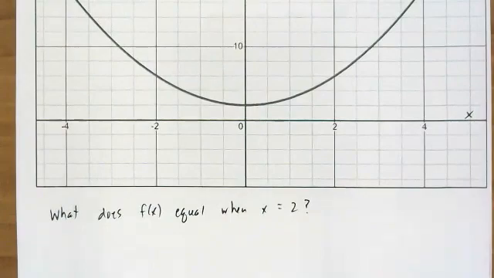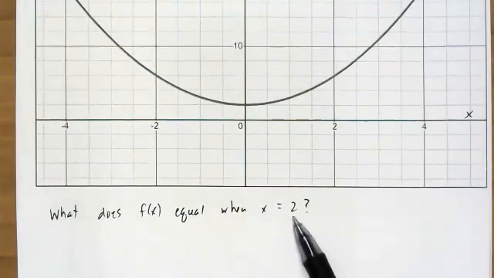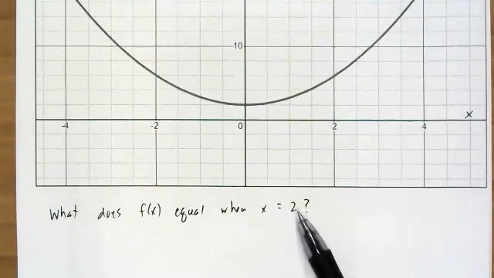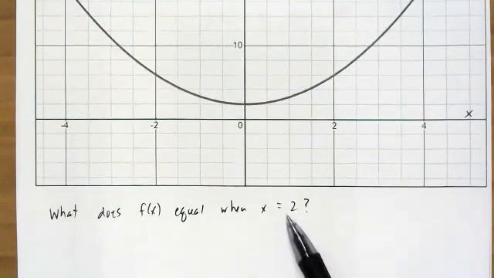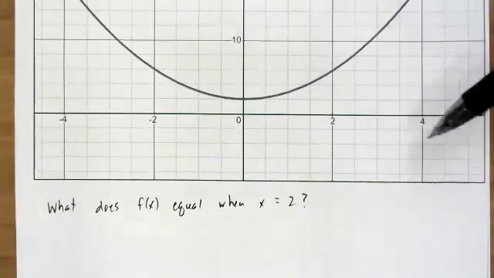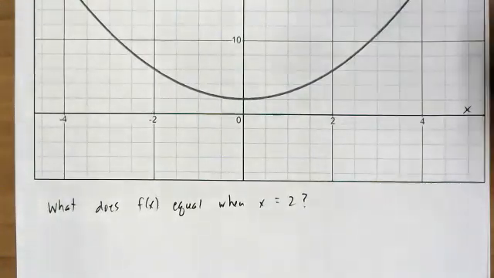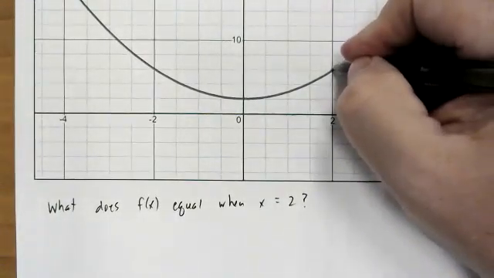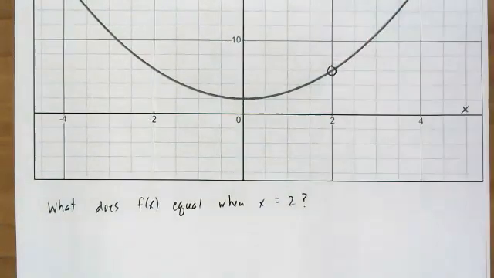The whole key to answering this is, since they give you the value of x, this value of x tells you where to go on the graph. So x is 2 is right here, and you go up to the graph. So we're looking at this point right here.